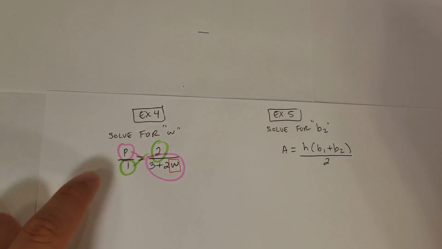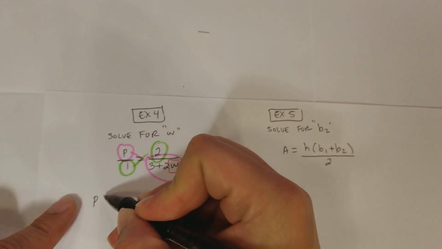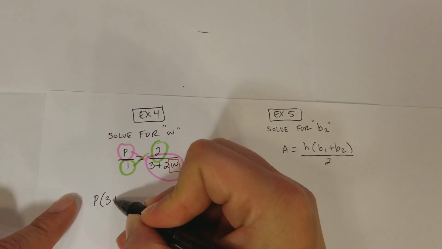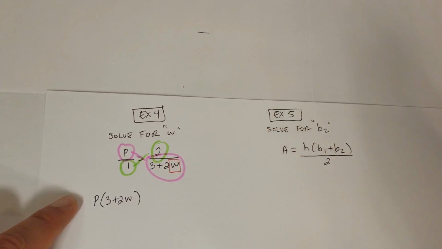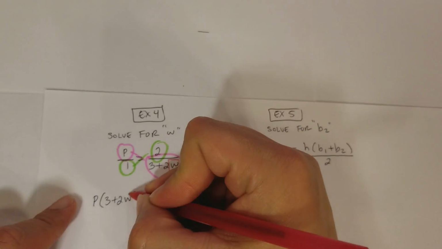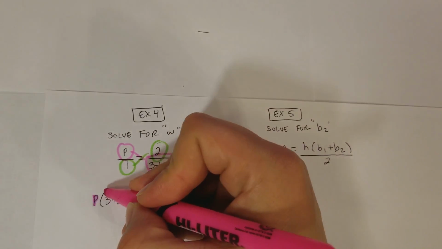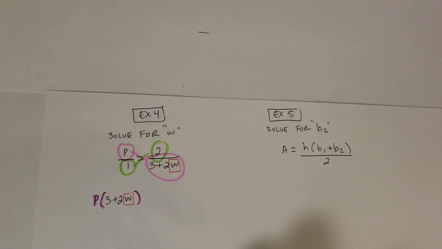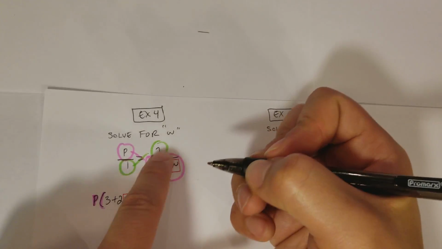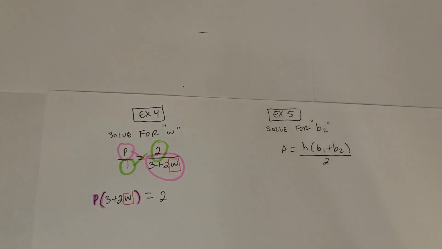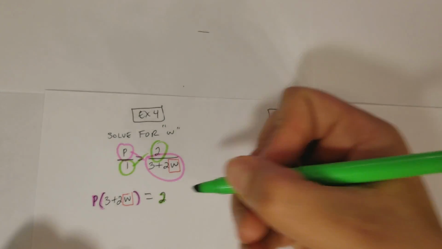So on this side we're going to get p, parentheses means multiplication, 3 plus 2w, and that came from the stuff that I colored in pink. So let me just recolor it real quick. And then on the other side of the equal sign I'm going to get 1 times 2, which is just 2, and that came from the stuff that I colored in green.